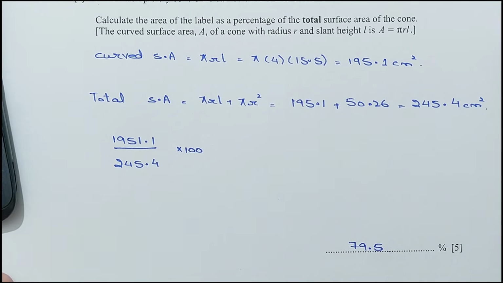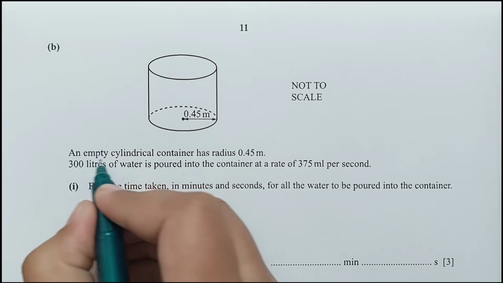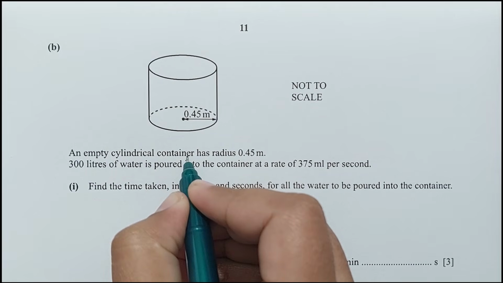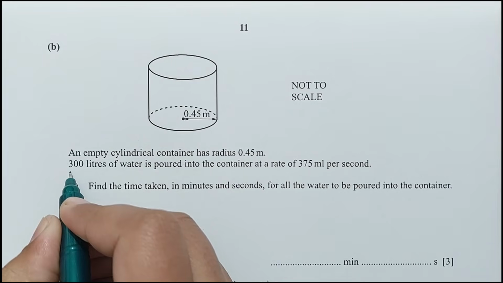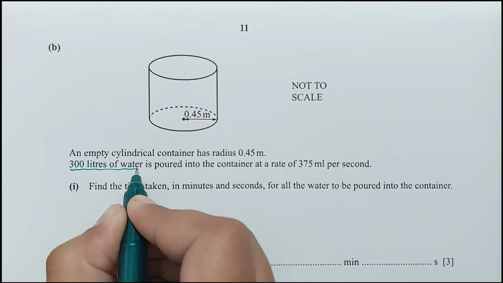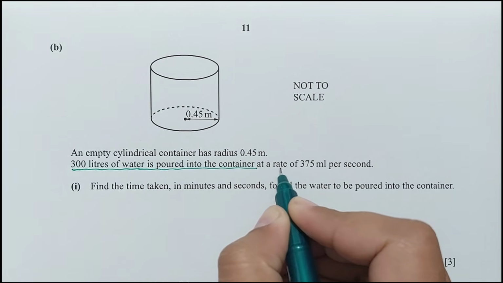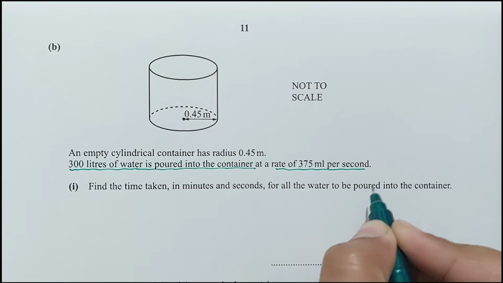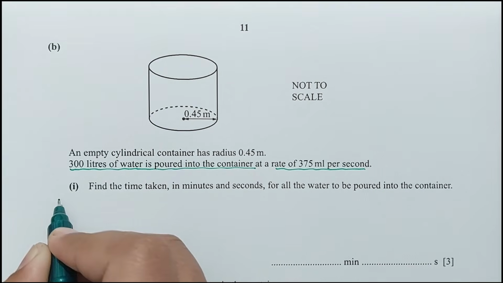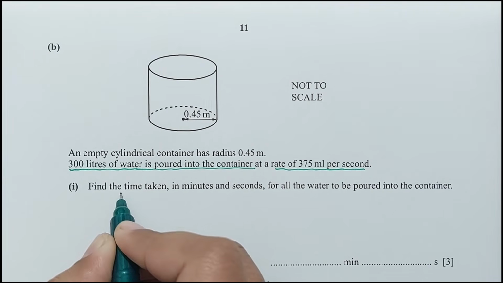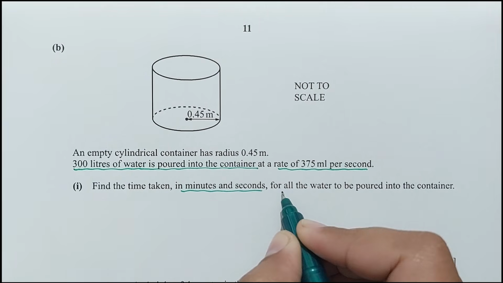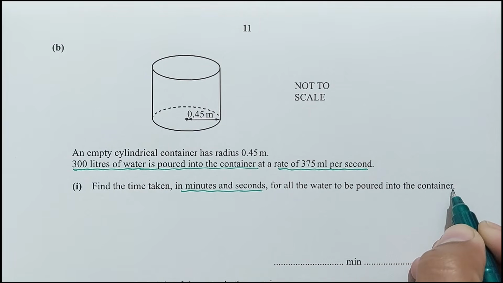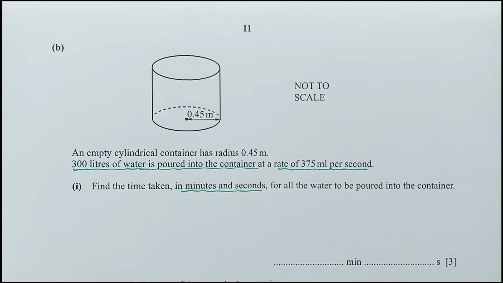All right. Now for part B, an empty cylindrical container with a radius of 0.45 meters. 300 liters of water is poured into the container at a rate of 375 milliliters per second. Number one, find the time taken in minutes and seconds for all the water to be poured into the container, right?